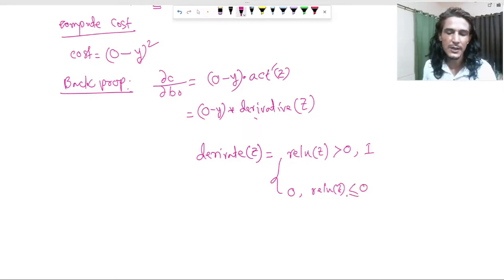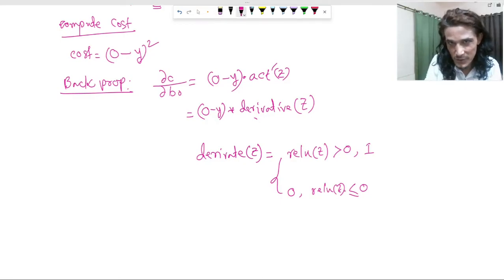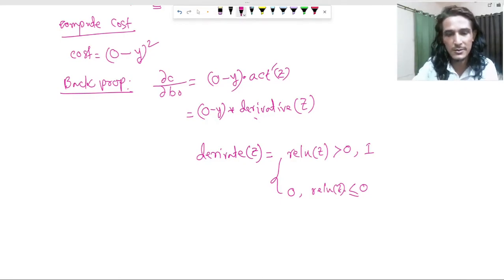Now, ReLU is not defined at 0, so you have to put 0 on one side or the other. The standard implementation, I think, is if it is less than or equal to 0, return 0, there is no change, and if it is greater than 0, then it is 1. So this will be the implementation of act prime if we are using ReLU as an activation function.